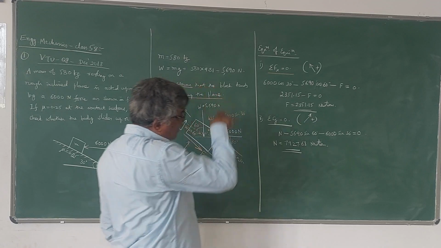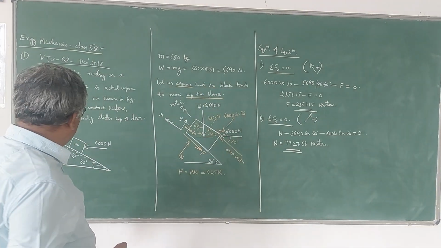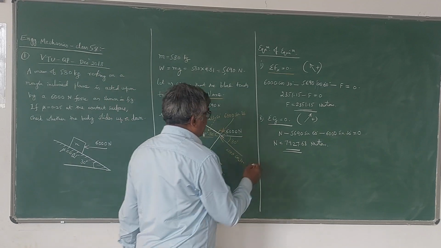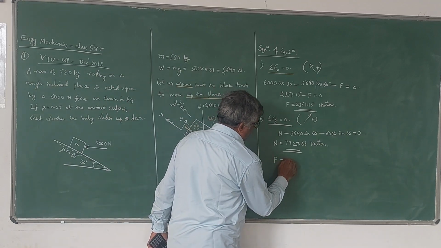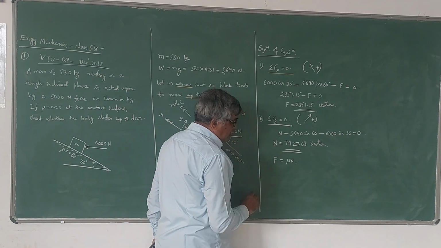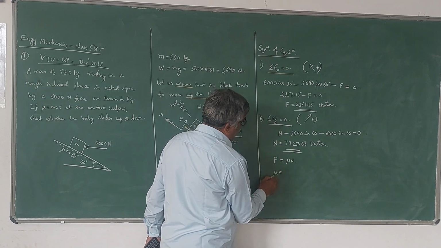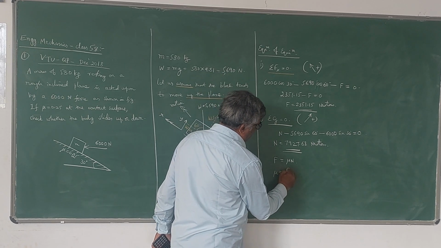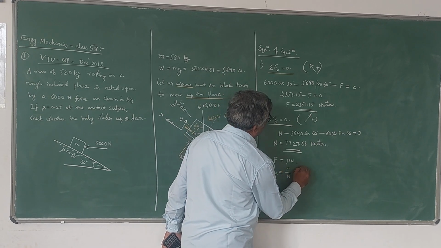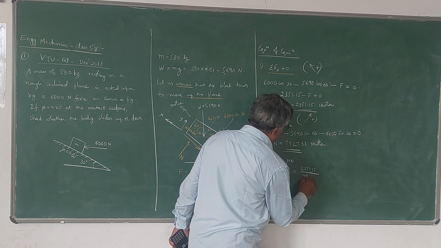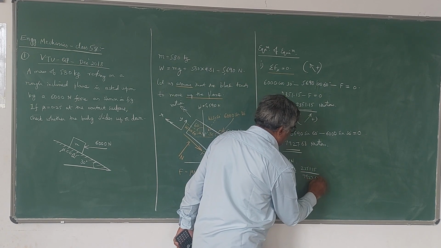Now we have to check whether this F is equal to mu times N, whether that condition is satisfied or not. So from this, whatever value obtained, mu is equal to F by N. If you take that, F is 2351.15 divided by N, which is 7927.68.